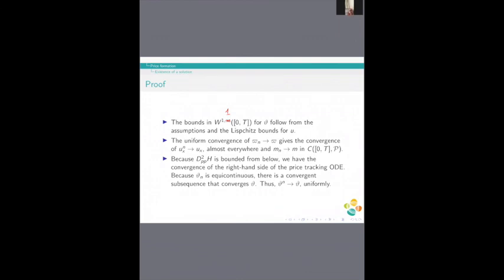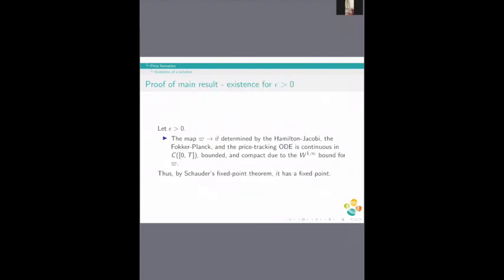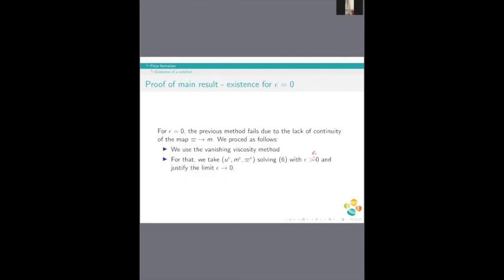And once we have this, then it's easy to see that there is a fixed point by Schauder's theorem. So this map is compact. I'm sorry, this W^{1,infinity} is left over from some previous version, but so by Schauder fixed point we have a price, and once you have a price, then you have everything.